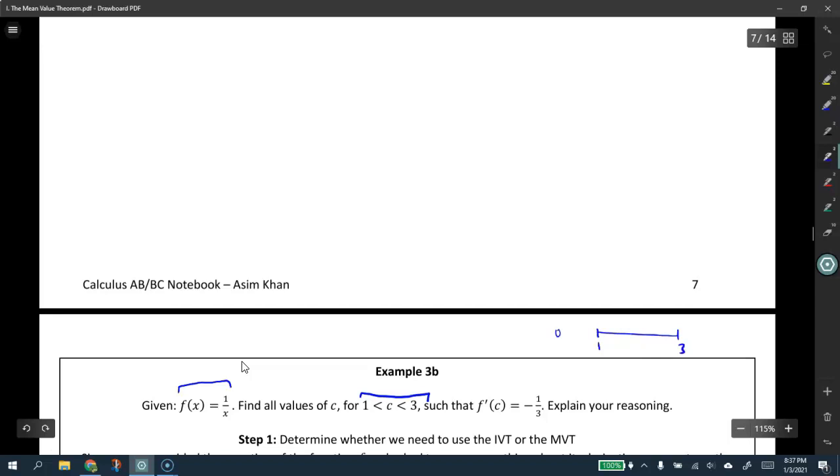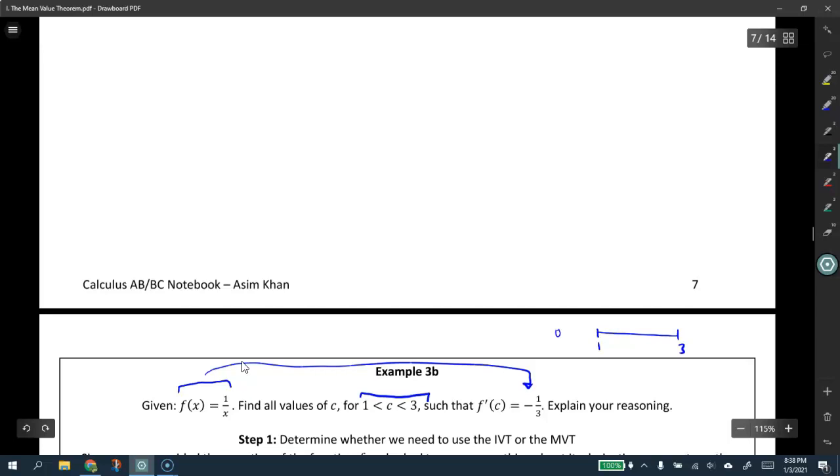So it still is true that this function is not continuous or differentiable at 0, but the interval that we've been given is from 1 to 3. In other words, the mean value theorem can now be applied, right?